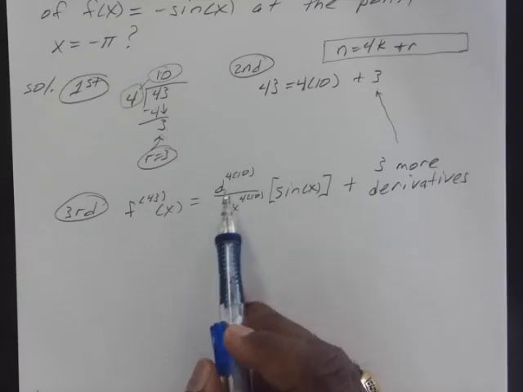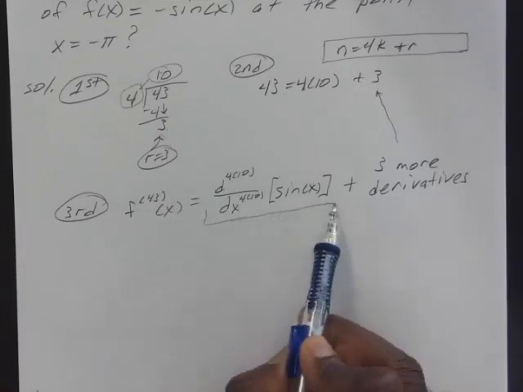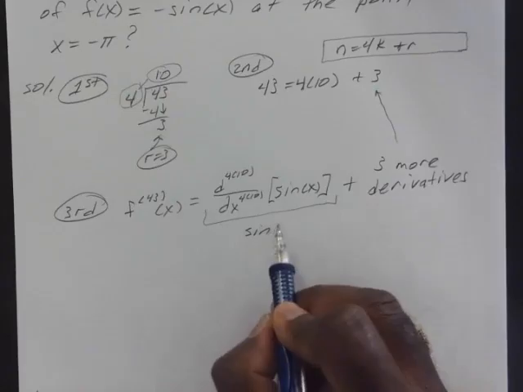Well, we know the 4th derivative of sine of x is just going to be sine of x.